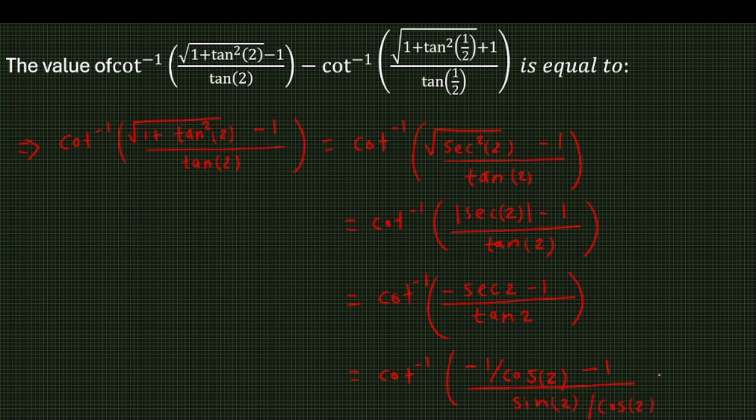Now on simplifying we will get cot inverse of 1 minus 1 minus cos 2 divided by sin 2. And we have a double angle formula. So from double angle we can write cot inverse of 1 plus cos 2.